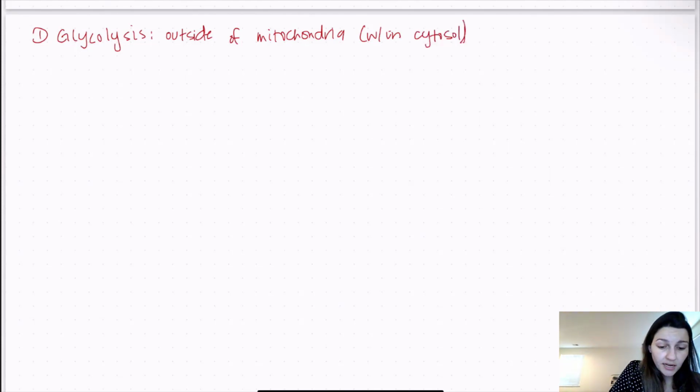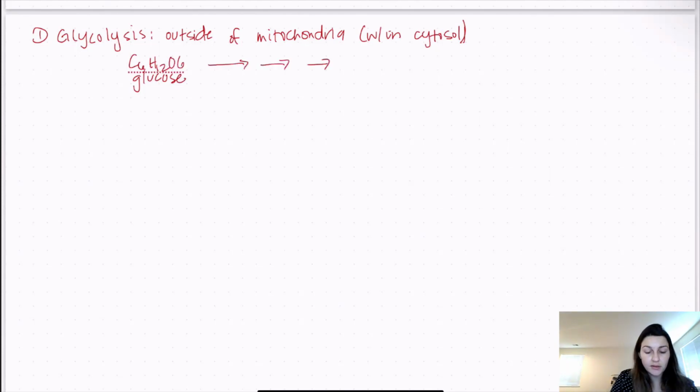Essentially what happens is we take glucose, C6H12O6, and then there's like bunches of steps. There's 10 steps to be exact, each facilitated by an enzyme.